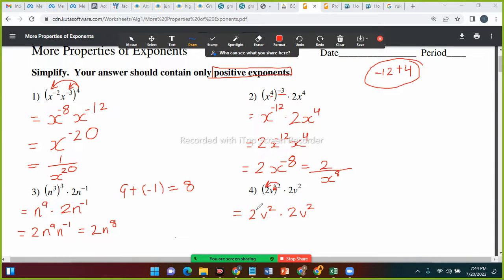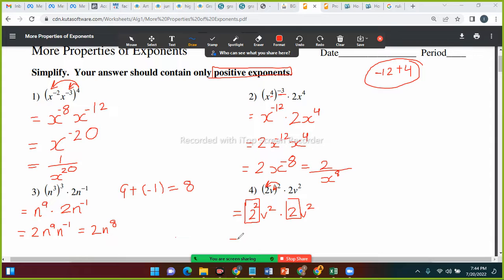Now with this, should we write this down? If you haven't started writing, don't worry about it, because I'm going to erase it soon. Then we have the 2. So this is 2 squared, and this is a 2, so we're going to bring them together.